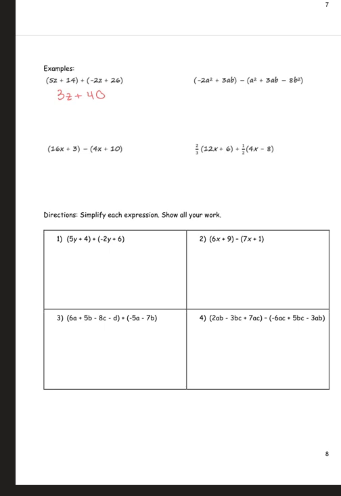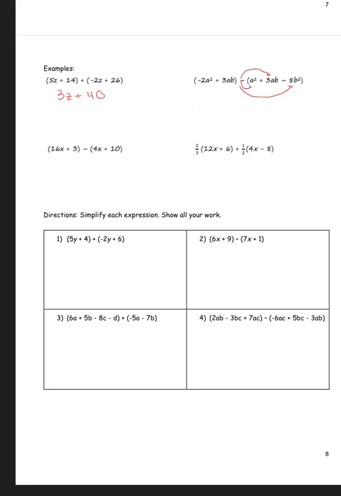All right, so again, identifying our like terms, I have negative 2a squared in my first expression, and then I have a squared plus 3ab minus 8b squared. All right, so for subtraction problems, it's something that I like to do. I like to go ahead and distribute my negative to my second expression. So I'm going to distribute that negative to the a squared, to the 3ab, and then also distribute a negative to the 8b squared.